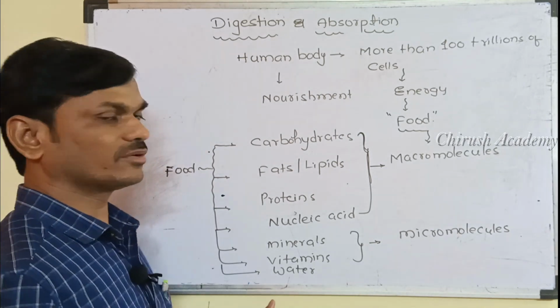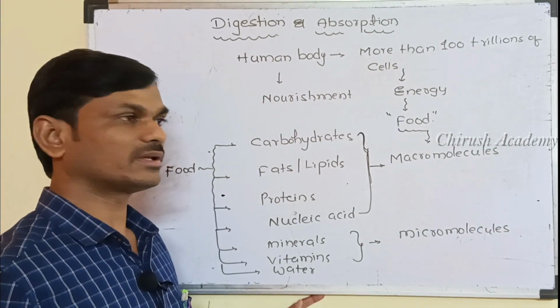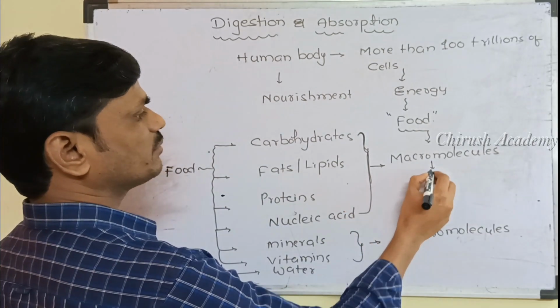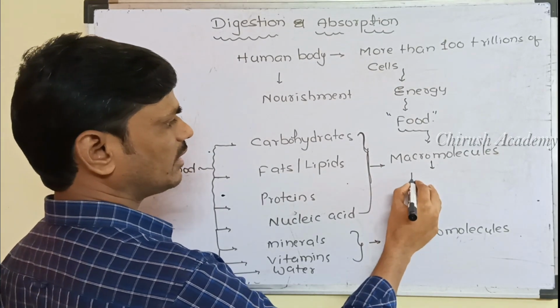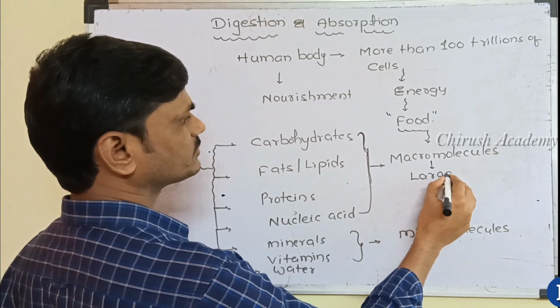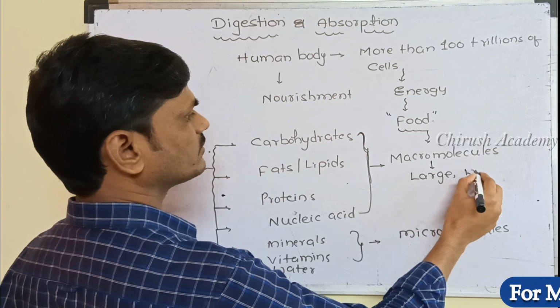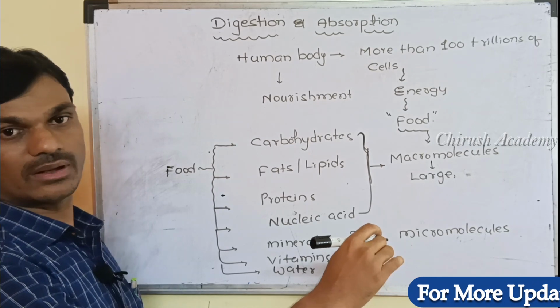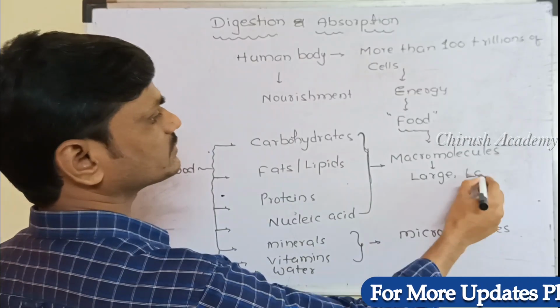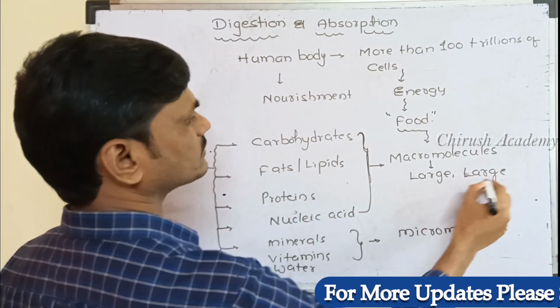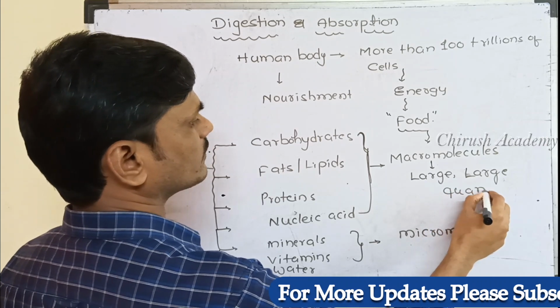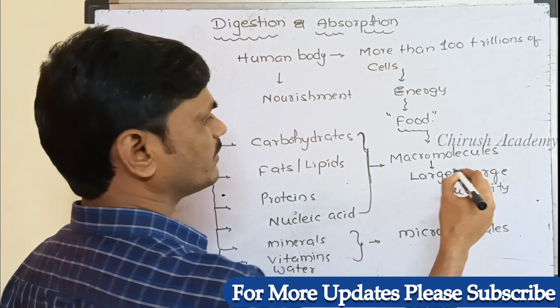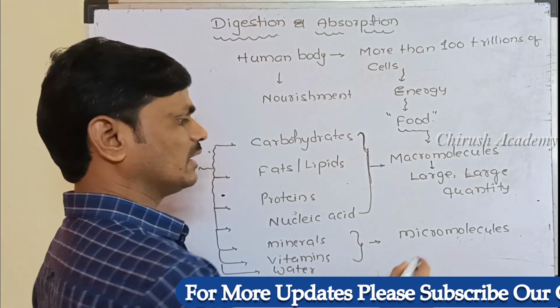The components of food are divided based on size: biomacromolecules are large in size and we need them in large quantity.